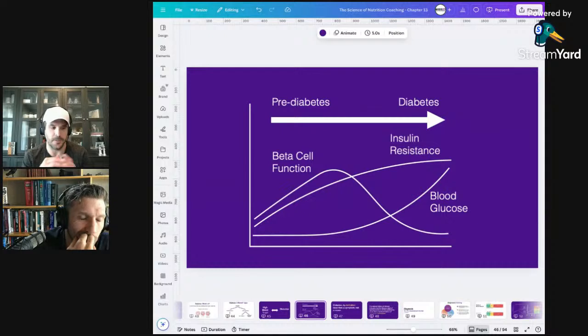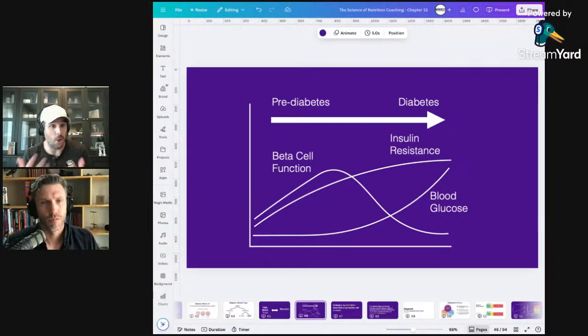And you said, hey, most of the time it's because it's an energy overload thing, right? So if that's the case, why isn't it that every time someone becomes overweight, they're insulin resistant? How can there be people that are overweight, maybe even obese, that aren't necessarily insulin resistant yet? What's going on there?